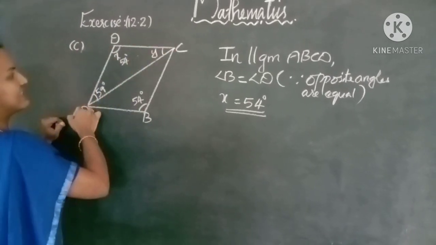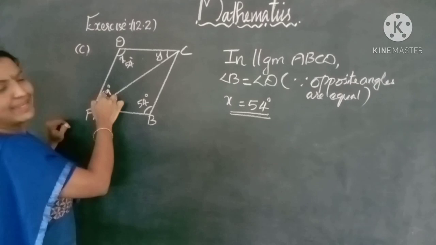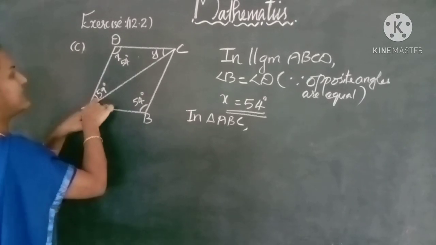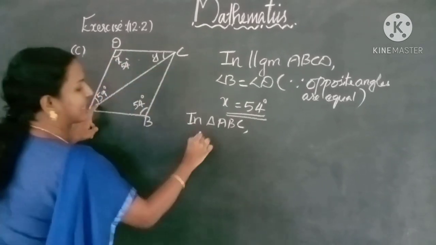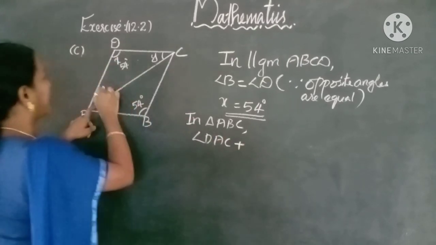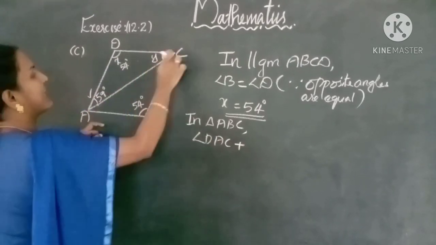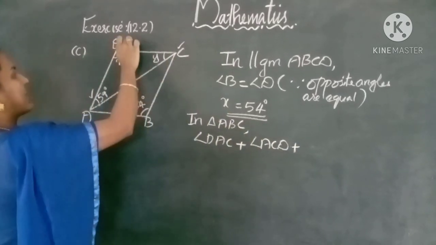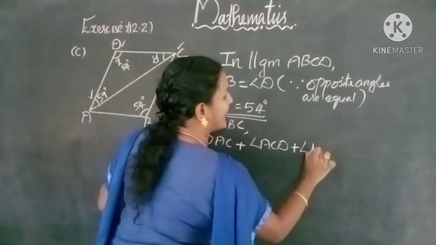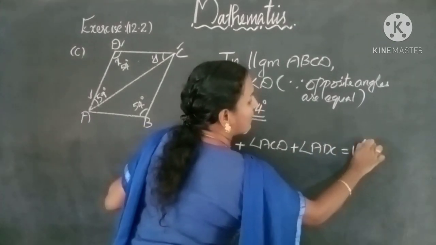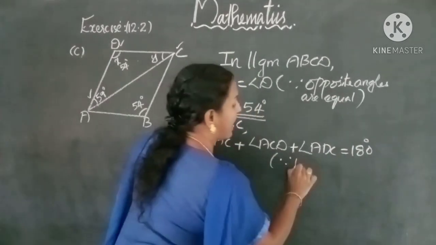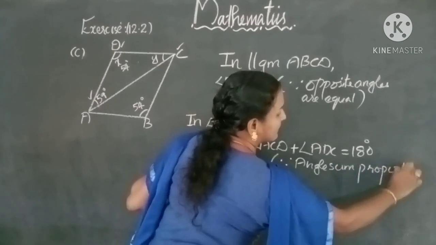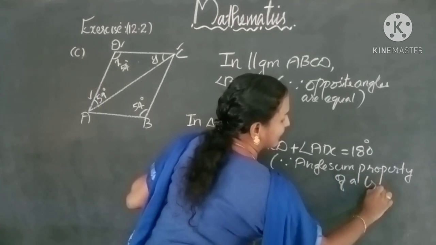In triangle ADC, the sum of the interior angles is 180 degrees. So in triangle ADC, angle A means DAC, plus angle C, that is ACD, plus angle D, that is ADC, is equal to 180 degrees. This is the angle sum property of a triangle.